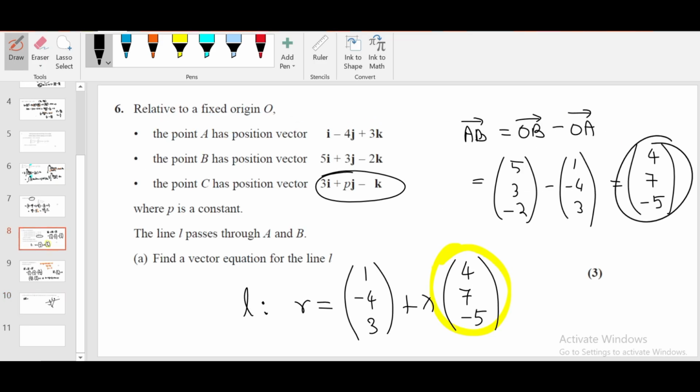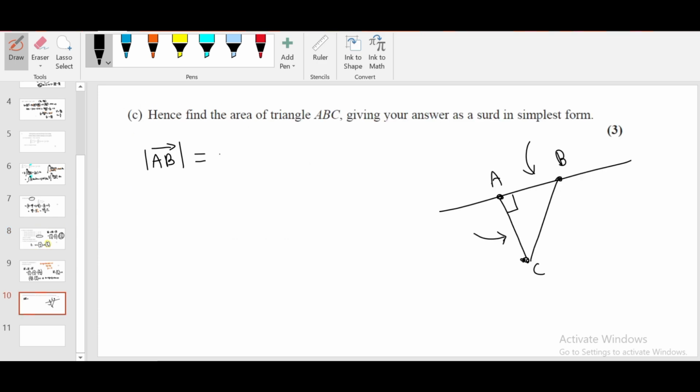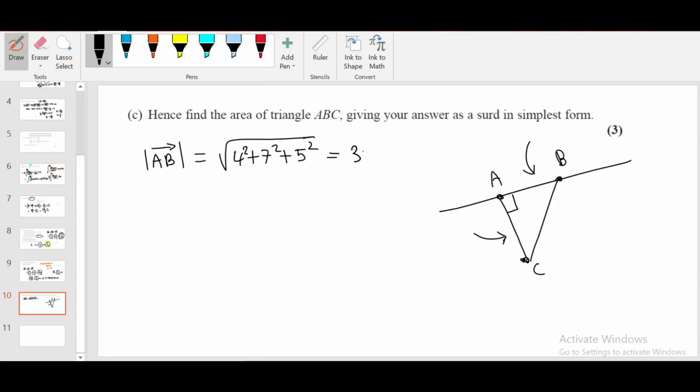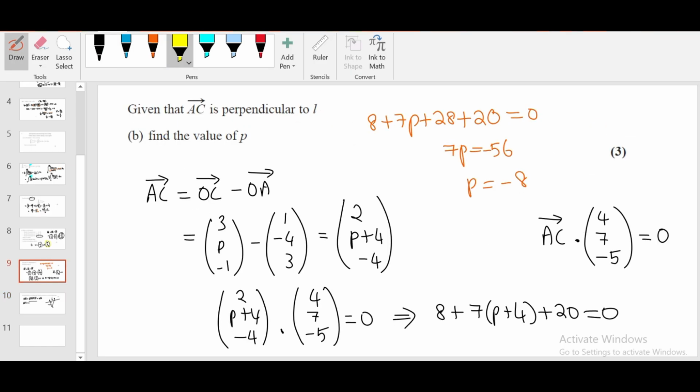AB vector is 4, 7, minus 5. So modulus will be square root of 4 square plus 7 square plus minus 5 whole square, or just 5 square. Square root of 4 square plus 7 square plus 5 square. 3 root of 10.